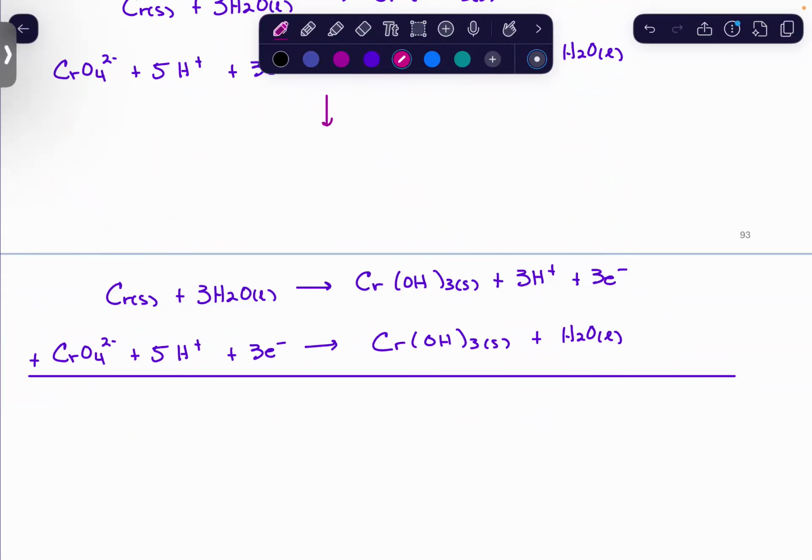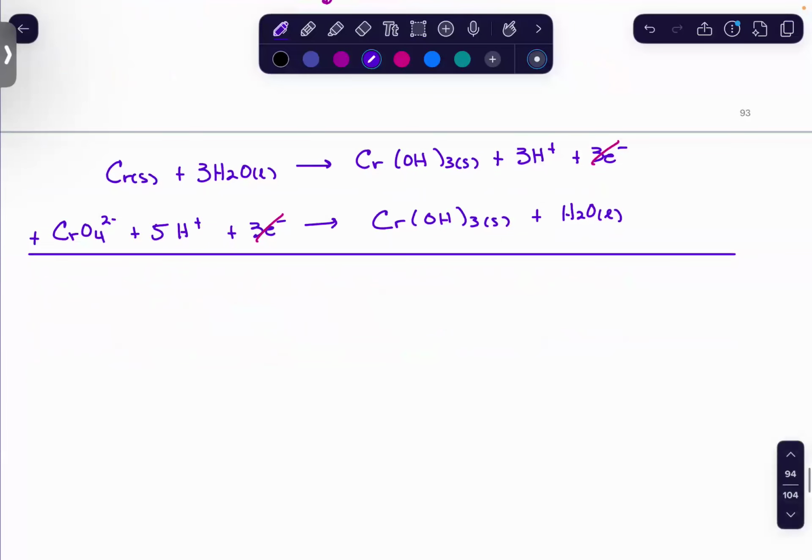Okay, so we notice that the three electrons are going to cancel.